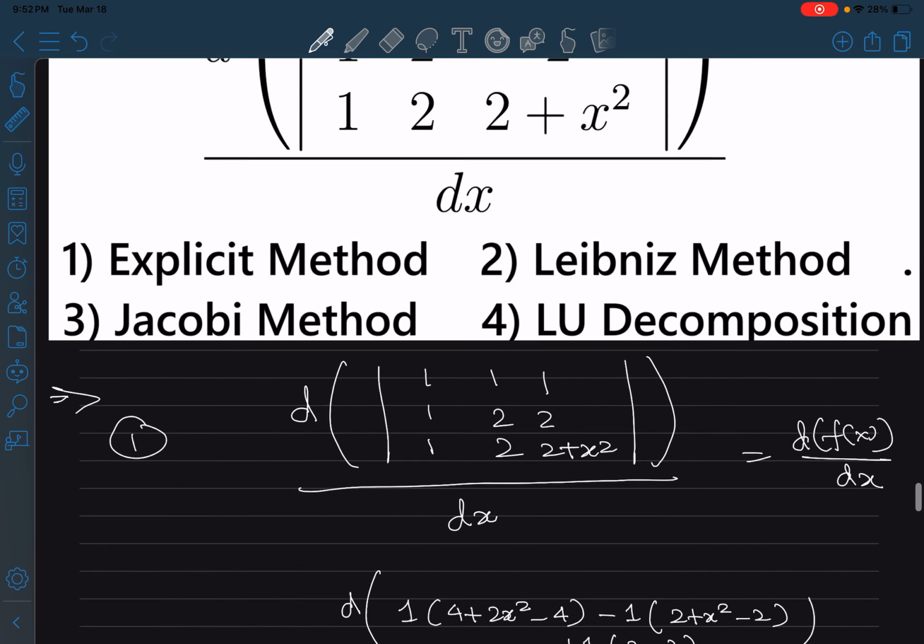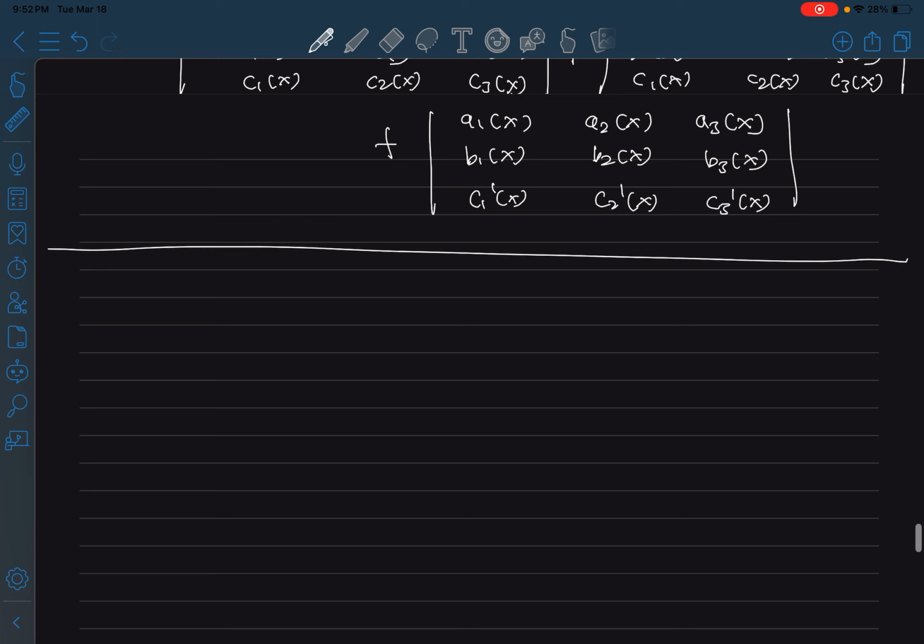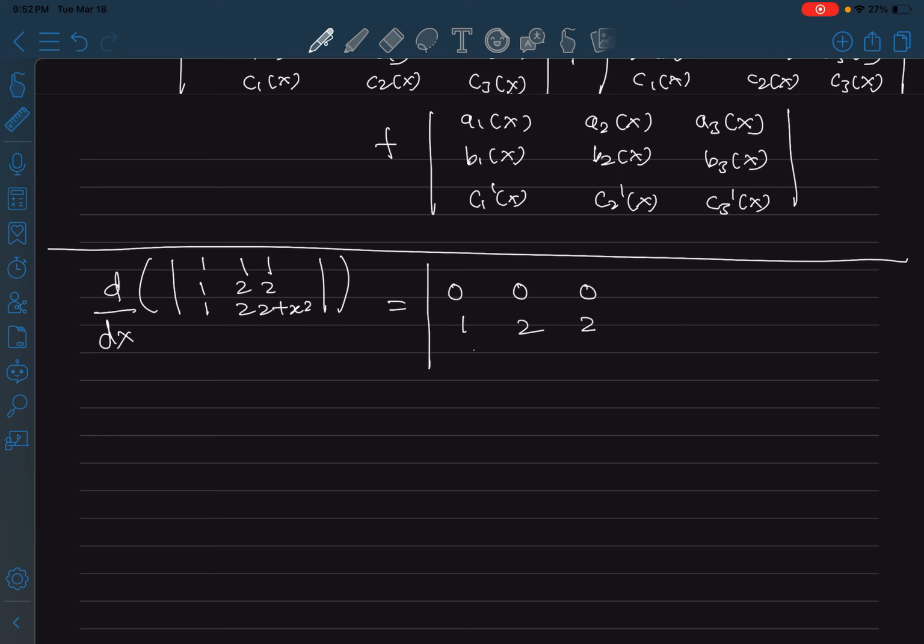Now for our purpose, our derivative of the determinant of 1 1 1, 1 2 2, 1 2 2 plus x square will be, first of all, the derivative of just the first row: the derivative of 1 is 0, 1 is 0, 1 is 0, and the rest as they are.